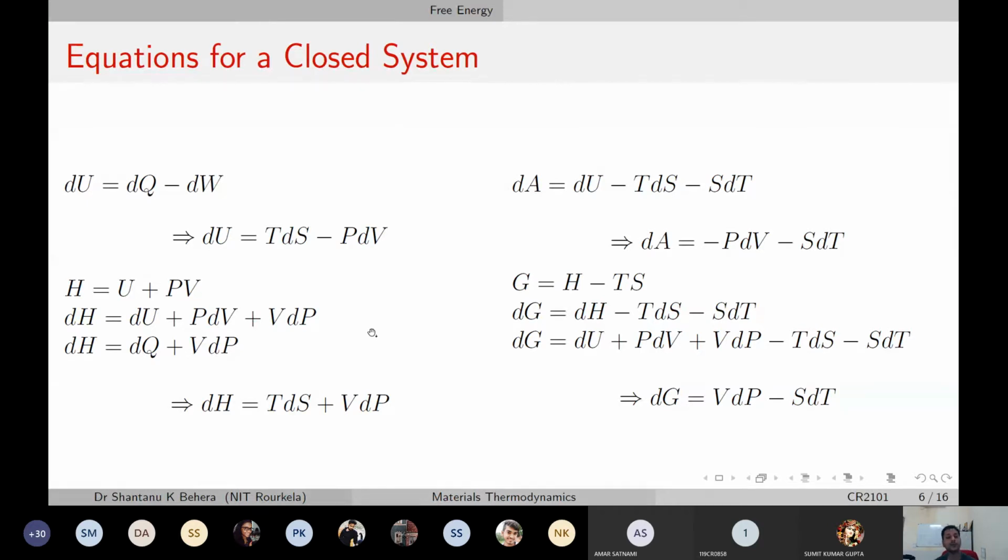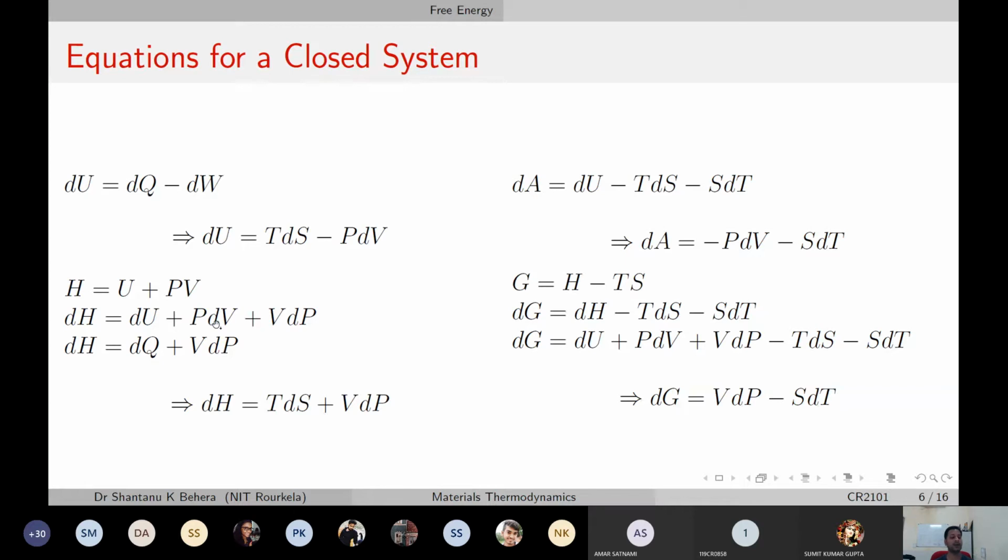Likewise, when you talk about the concept of enthalpy, which includes internal energy and the pressure volume work, the small change in enthalpy, dH, is dU plus PdV plus VdP by differentiating PV. Now you know that dU plus PdV is a formulation of the first law.